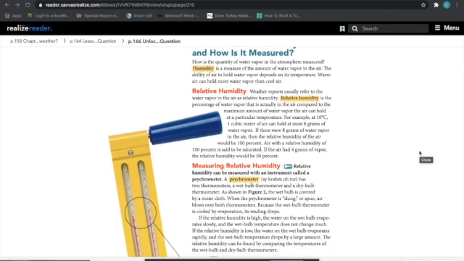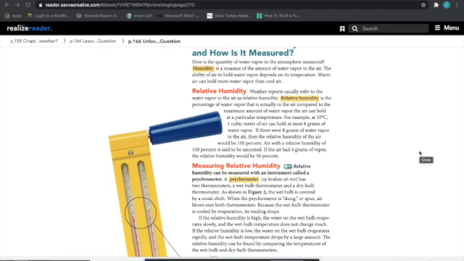Weather reports usually refer to water vapor in the air as relative humidity. Relative humidity is the percentage of water vapor that is actually in the air compared to the maximum amount of water vapor the air can hold at a particular temperature. For example, at 10 degrees Celsius, 1 cubic meter of air can hold at most 8 grams of water vapor.